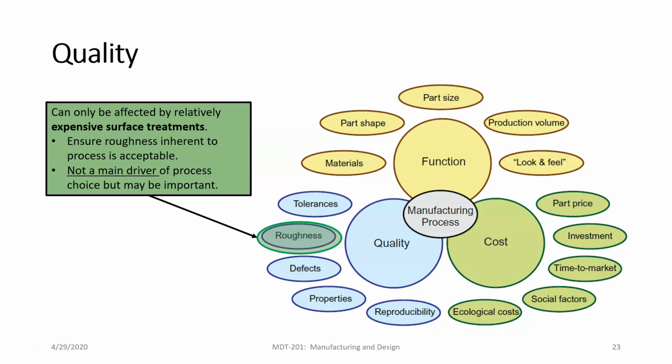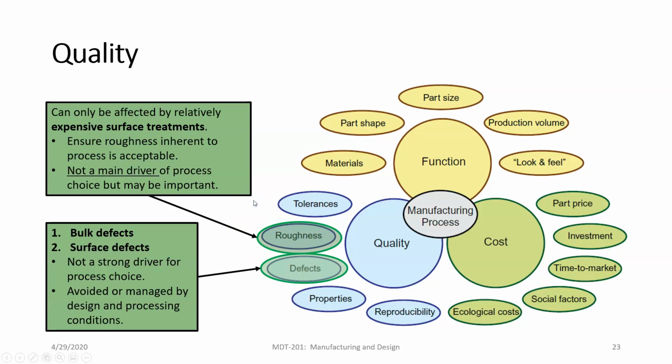Those are all going to achieve a lower roughness rating, a higher quality surface. Again, these are not main drivers, but they do ramp up the cost for our processes. Bulk defects and surface defects are not a strong driver for process choice, again, but we want to avoid or manage them by design and processing conditions.